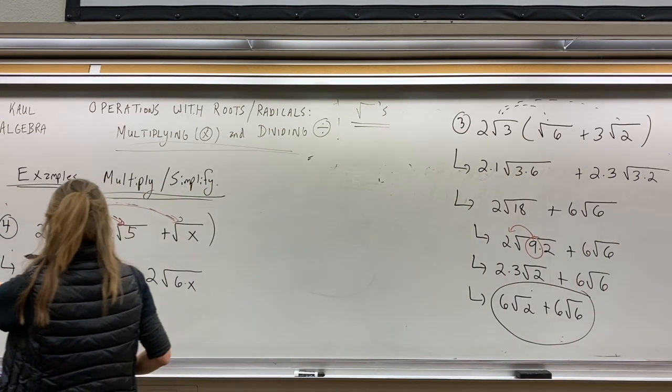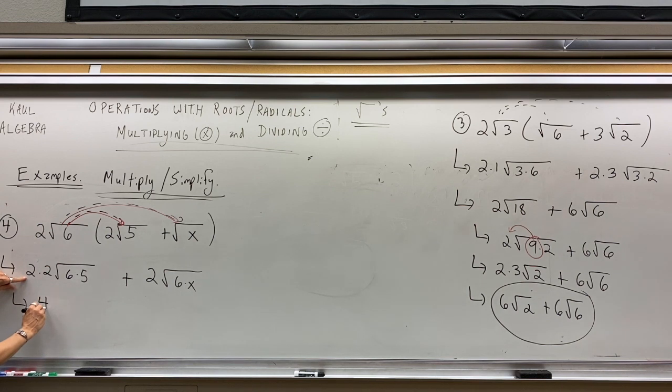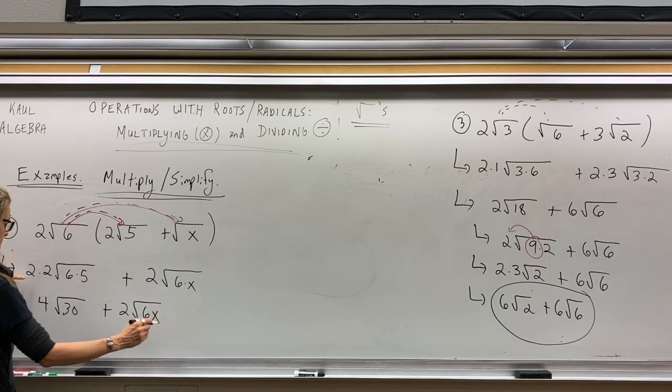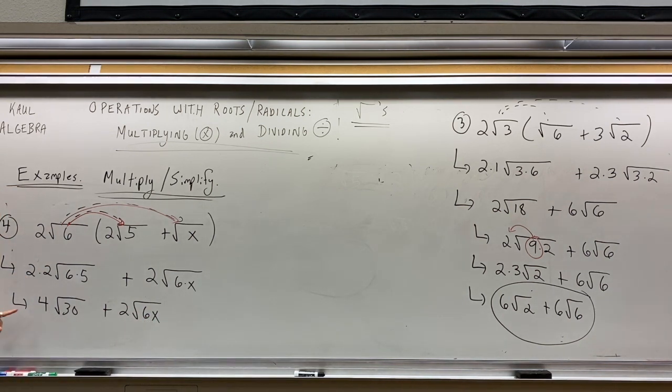All right, so now 2 times 2 is 4 square roots of 30 plus 2 square root of 6x. And 4 square roots of 30, can we break this down? Simplify this? Well, let's see, are there any factors of 30 that are perfect squares? We have 6 times 5.